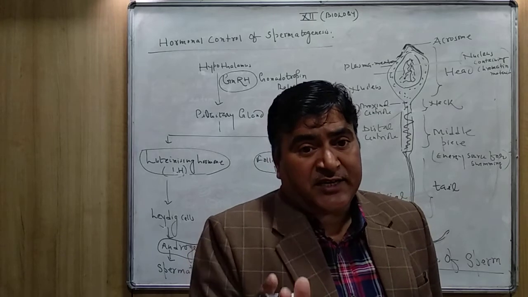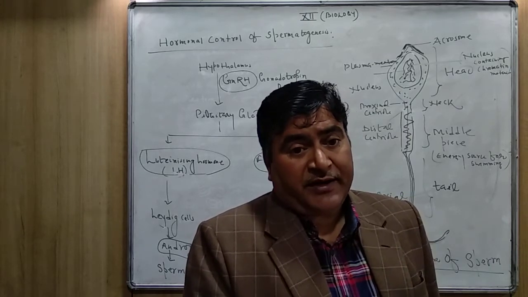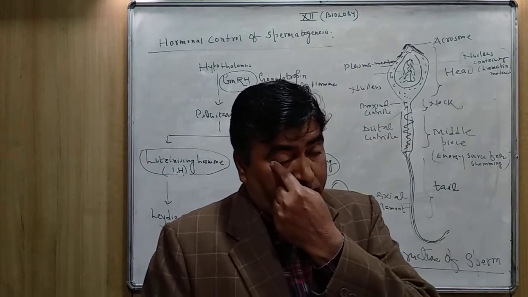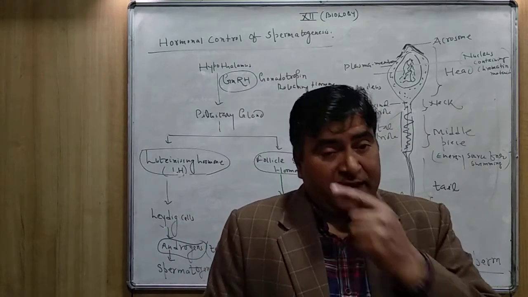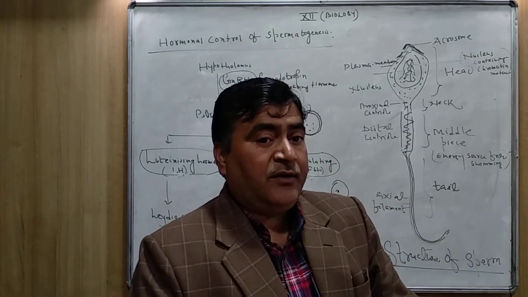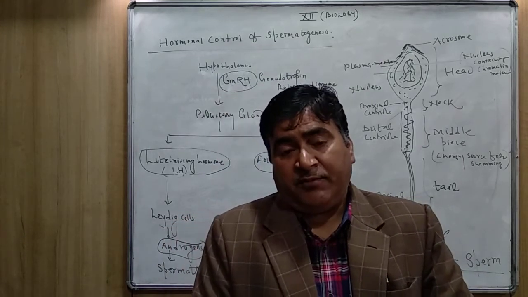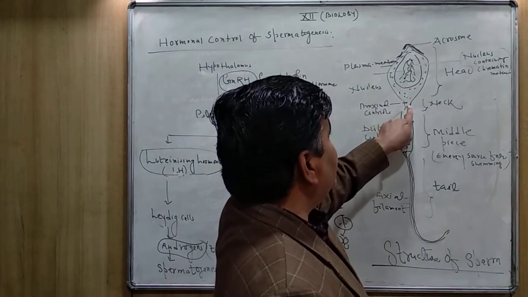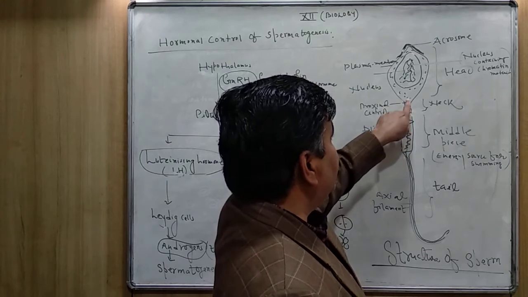The first cleavage takes place in the presence of the proximal centriole. So the proximal centriole helps in the first cleavage of the zygote, and then the distal centriole. This is the distal centriole, two centrioles as I told you.